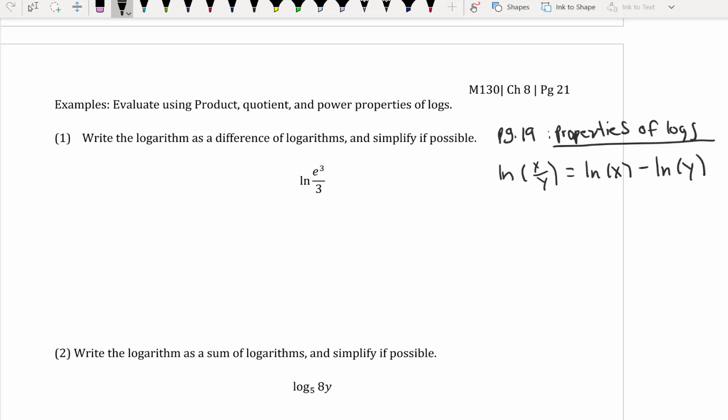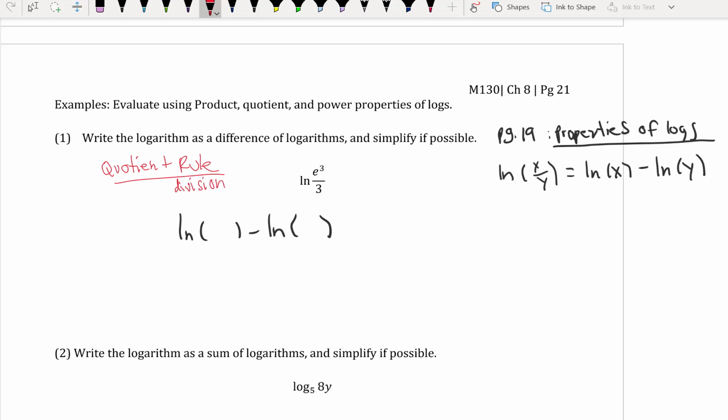So that means we're going to split this up. So I'm going to have natural log of something minus natural log of something else, because this is the quotient rule that we're going to be using, since we have division.